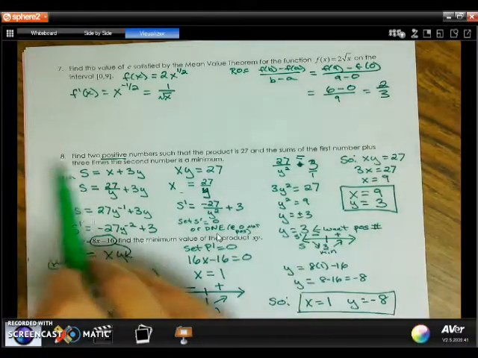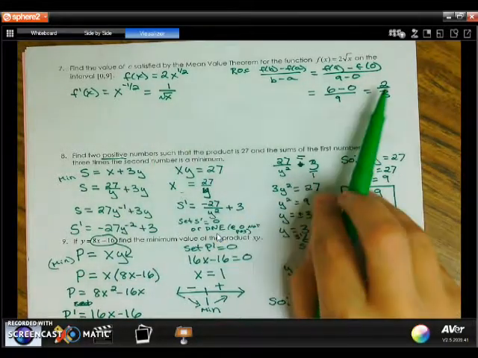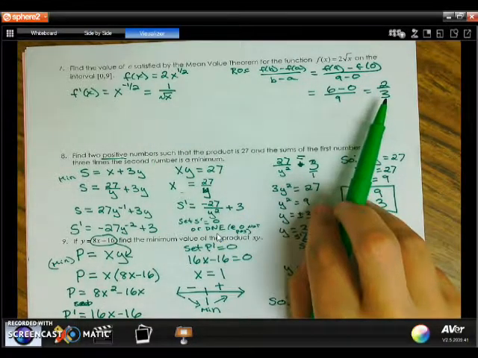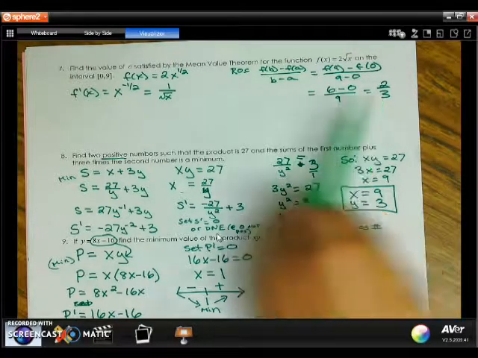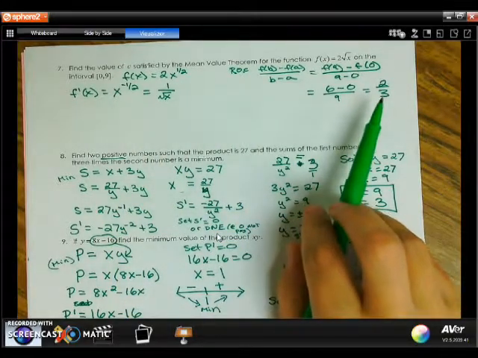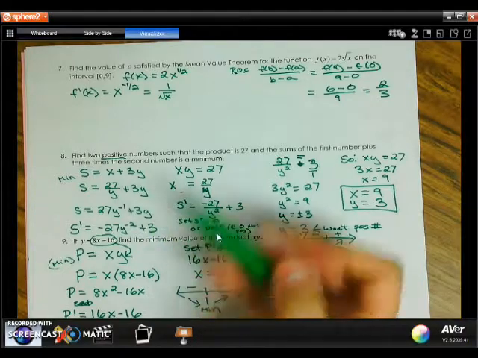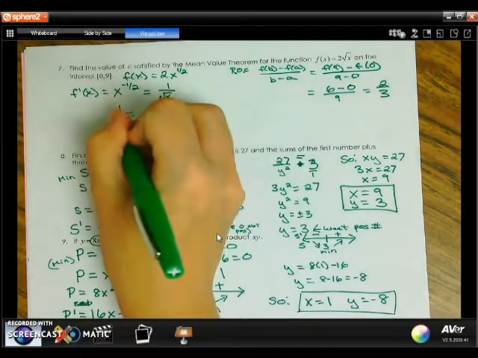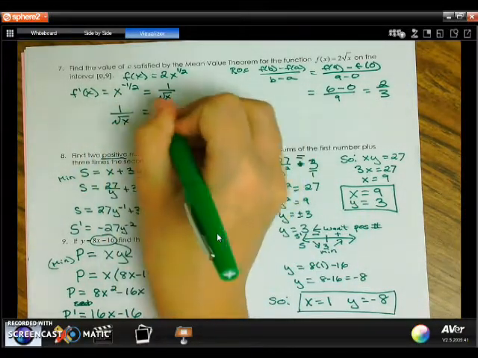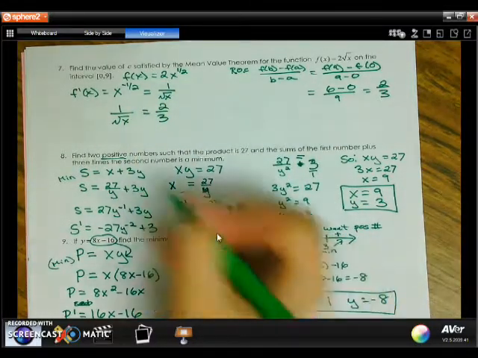Okay, so really the mean value theorem is saying that I want to take this derivative and set it equal to the average rate of change, because they're saying that somewhere on that graph, the average rate of change equals the derivative. Remember, the average rate of change is how we found slope in pre-calculus. So we're just setting those two things equal and solving for x. So I'm really just saying 1 over square root of x equals 2/3. To solve this, all you need to do is cross multiply.